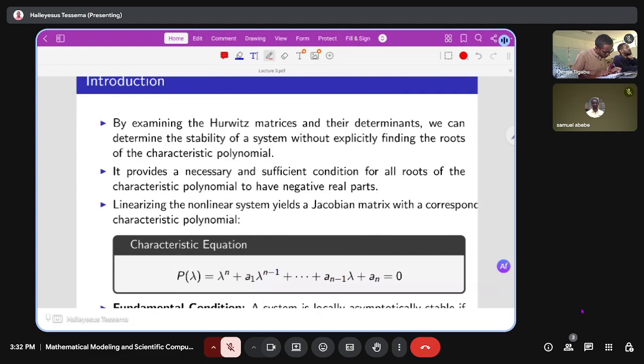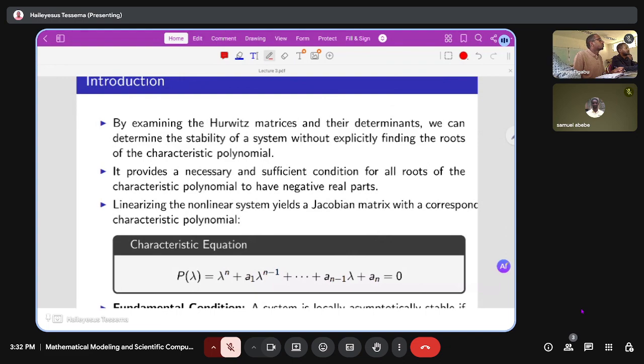So what we do here is, after finding the Jacobian matrix, which is obtained from the nonlinear system by linearizing, we get a Jacobian matrix.